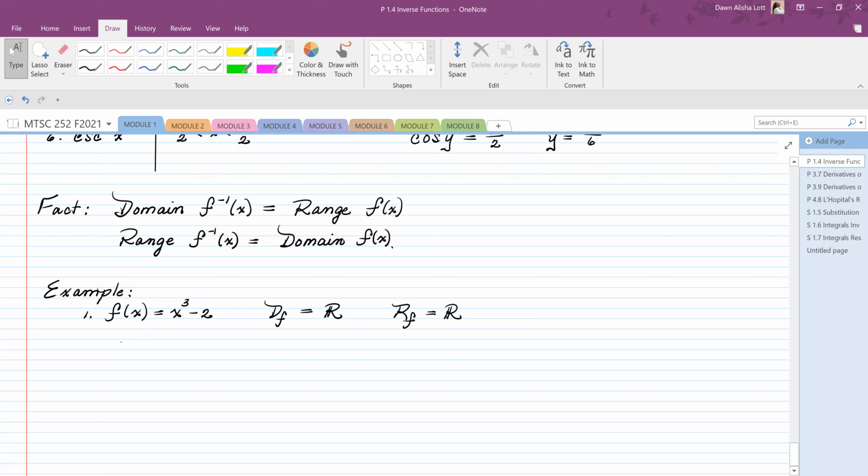Find f inverse. Y is equal to x cubed minus 2. Switch them. X is equal to y cubed minus 2. So I get x plus 2 is equal to y cubed. So x plus 2 to the 1/3 power is equal to y. So f inverse of x is x plus 2 to the 1/3 power.